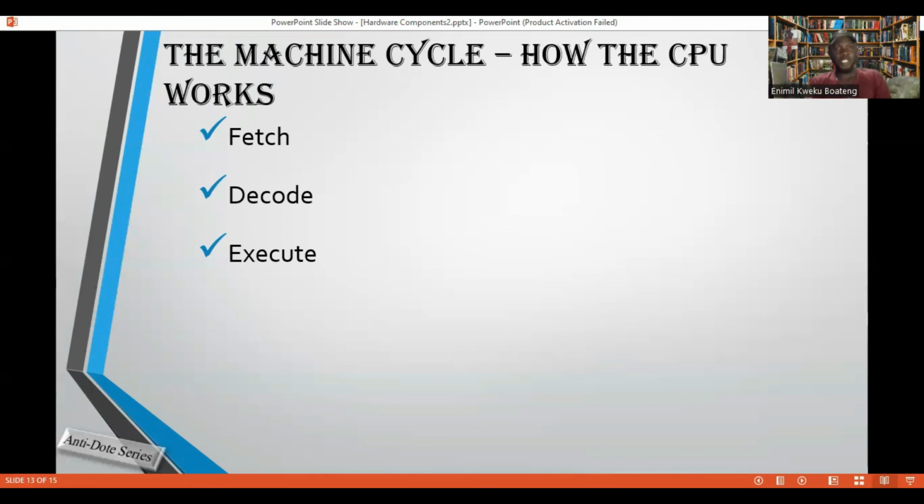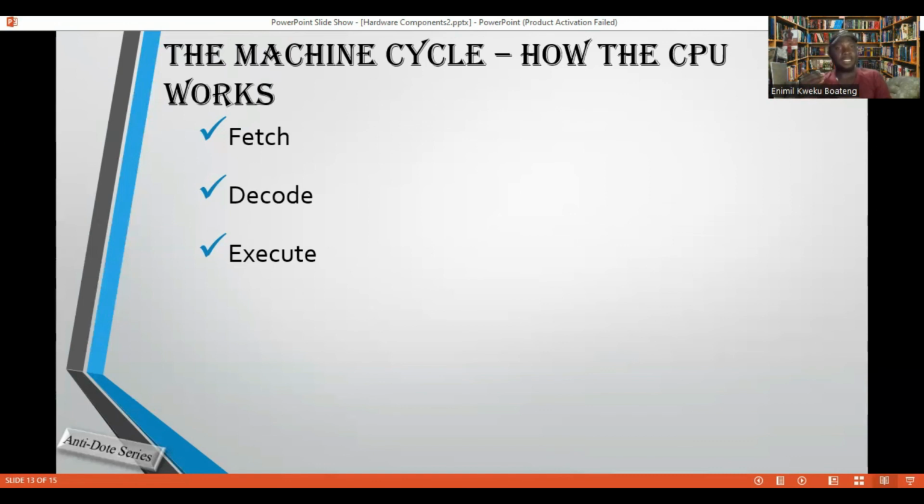If the instructions fetched from memory are arithmetic based, then the arithmetic unit does that. If it is an instruction that needs a decision to be taken, then the logic unit does that. So depending on the instruction, one of them takes over. That is the arithmetic logic unit. So with execute, the instructions are being worked on.